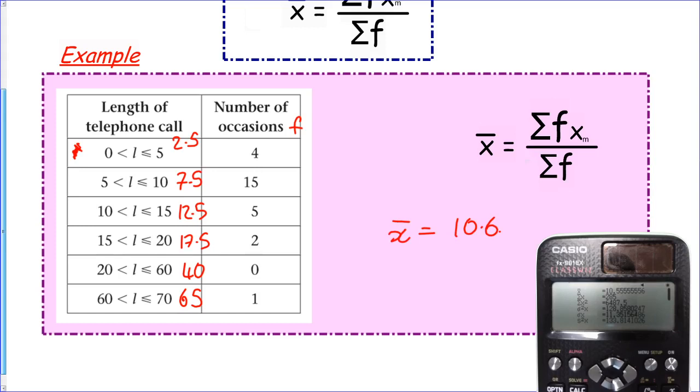If you wanted to get any of the data to work this out, we can see the sum of the data underneath here is 285, and if we press down arrow, we can see the answer is 27. So this has actually come from doing 285 out of 27. So the calculator gives you any working you might want to use and any facts you might want to use for other parts of the question.